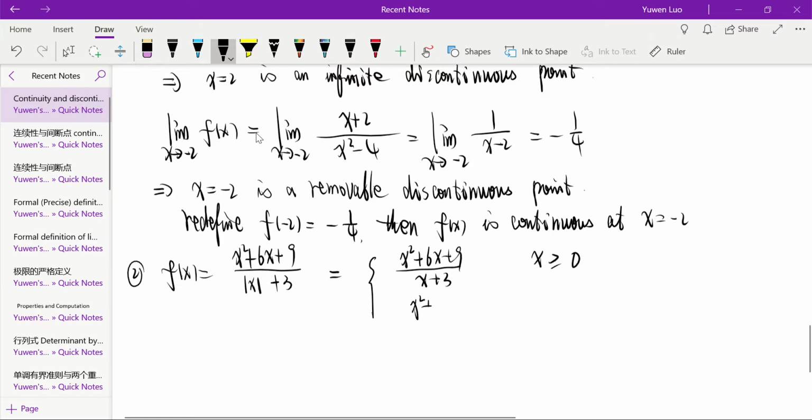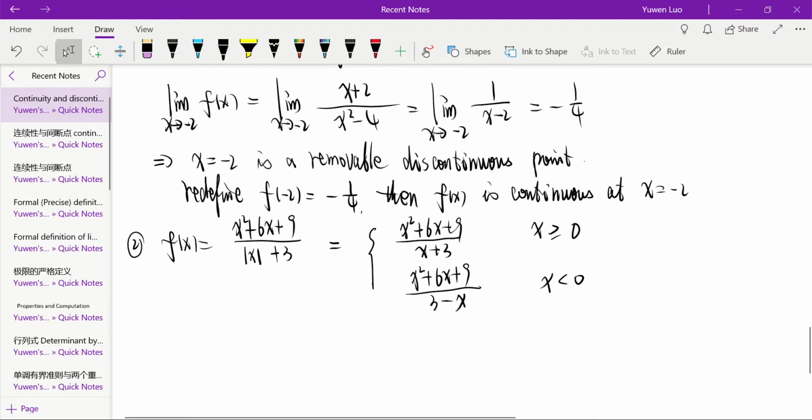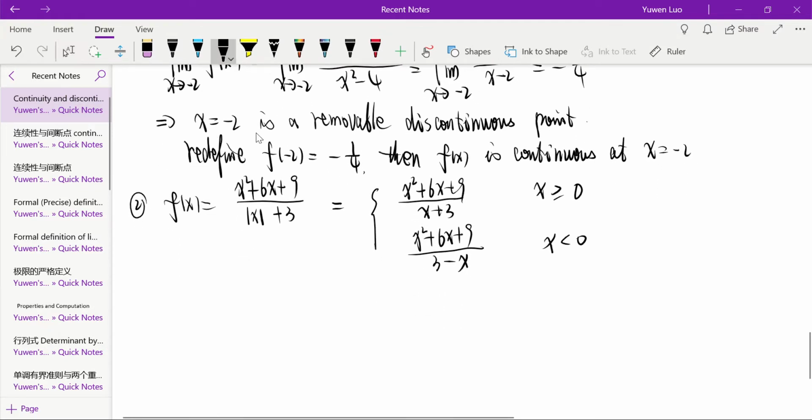And it is negative (x plus 3), that is negative x minus 3, when x is less than 0. So the only discontinuous point can occur at x equals 0.